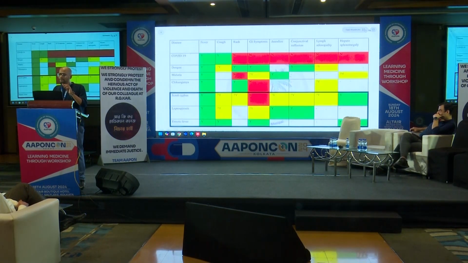Now this is the table that I've made to talk about the clinical symptomatology, and whether, based on clinical features and laboratory tests alone, you can come to a possible diagnosis. This patient had fever and cough. I didn't mention any particular rash, jaundice, or conjunctival suffusion.